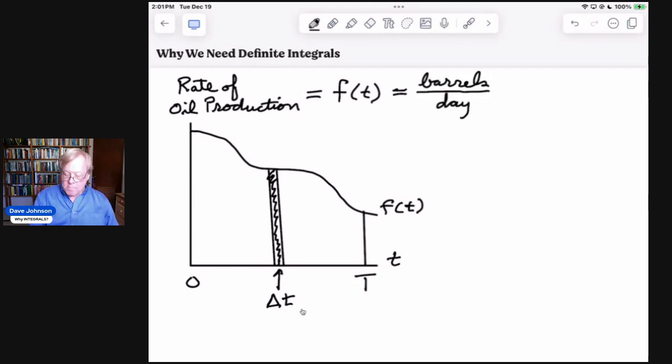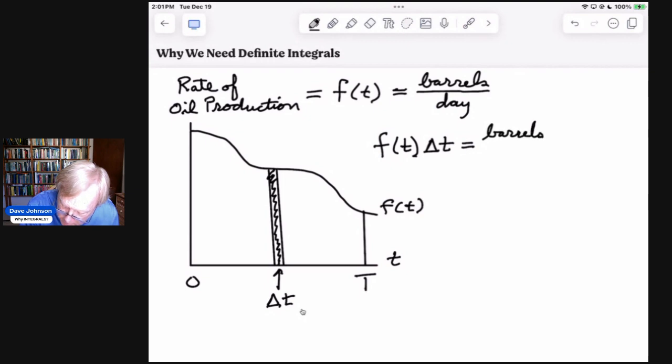And so if we take the f of t and multiply that, so f of t times delta t, well, if this delta t represents one day, then we have f of t times delta t is barrels per day, which is our f of t, times the number of days.